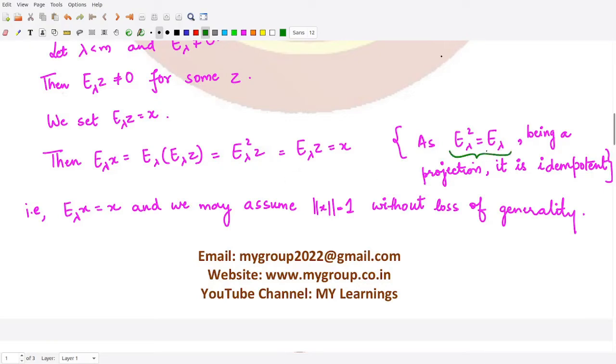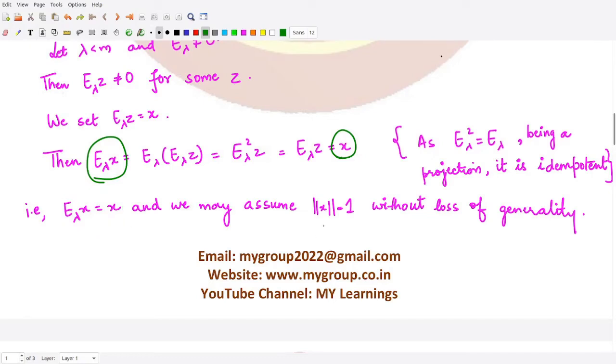Because E lambda is a projection, and being a projection, it is both self-adjoint as well as idempotent. So here we are using the property of idempotency. This E lambda square is equal to E lambda, and E lambda z is nothing but your x. So you see E lambda x is nothing but x. So it acts as the identity on the element x, which is non-zero.